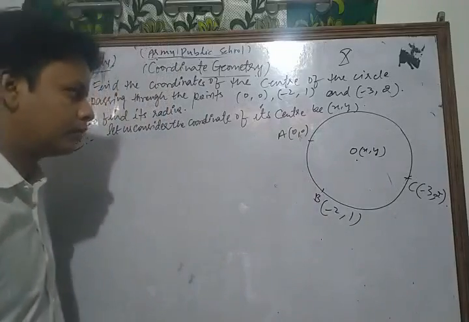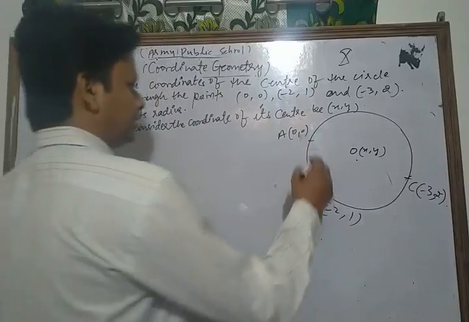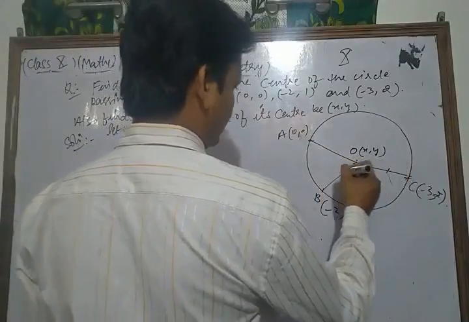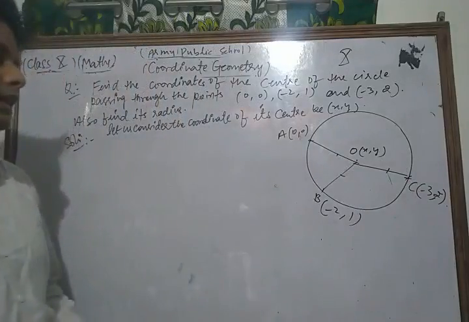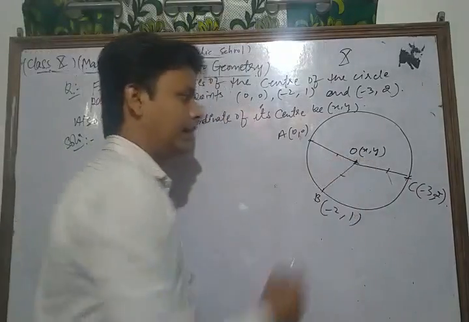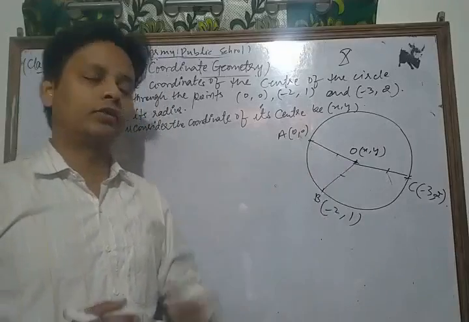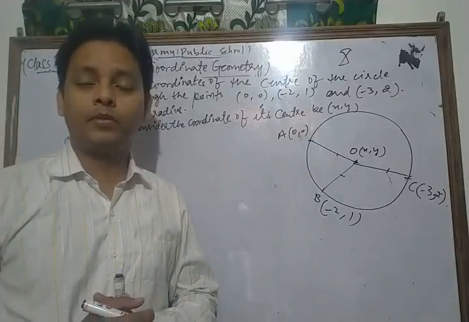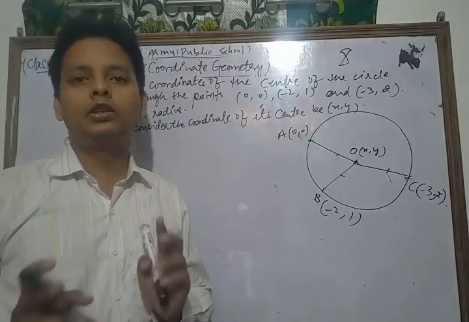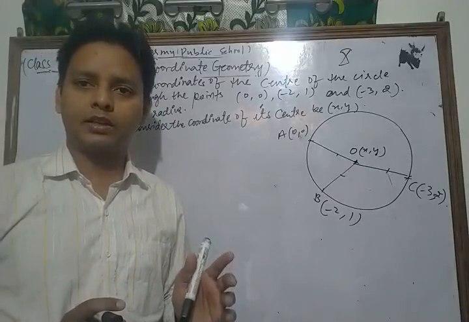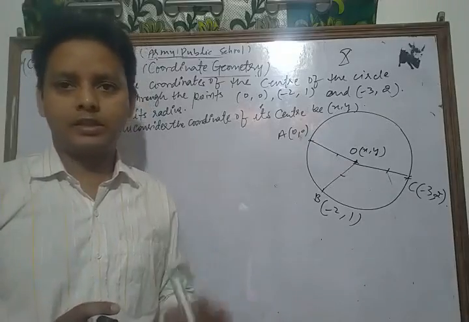Now we join OA, OB and OC. You know that the line segment joining any point on the circle to the center is known as the radius, and also you know that the radius of the circle is always the same.